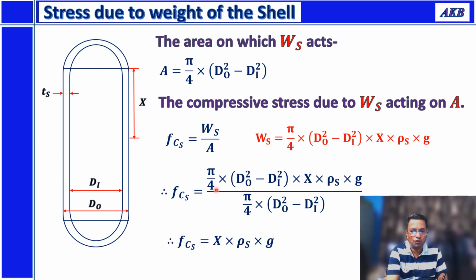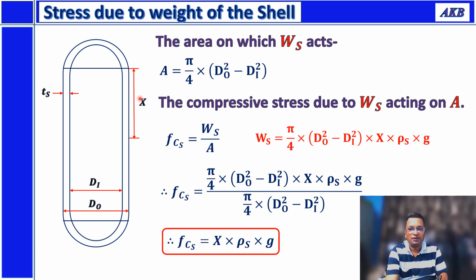So pi by 4 into dO square minus di square gets cancelled, and you are left with FCS is equal to x into rho s into g. This expression gives us the compressive stress induced in the shell wall up to a distance of x from the top of the shell.